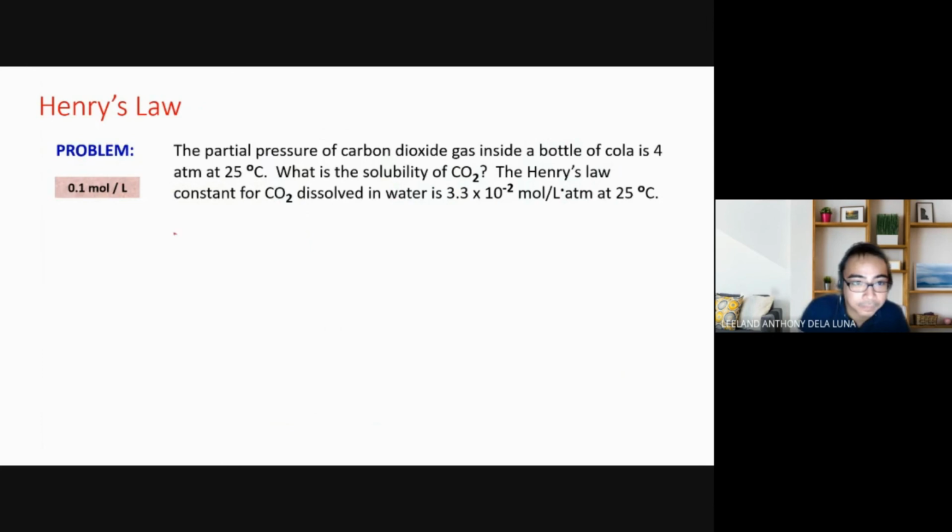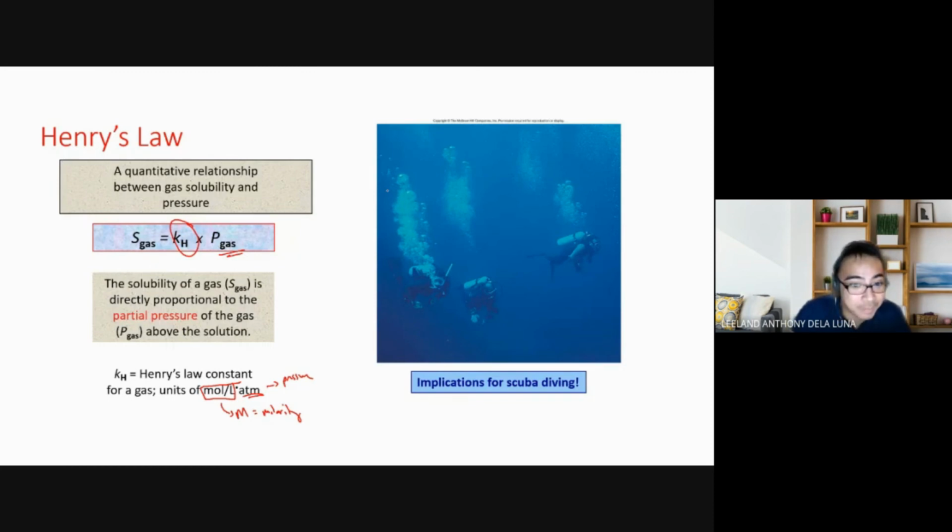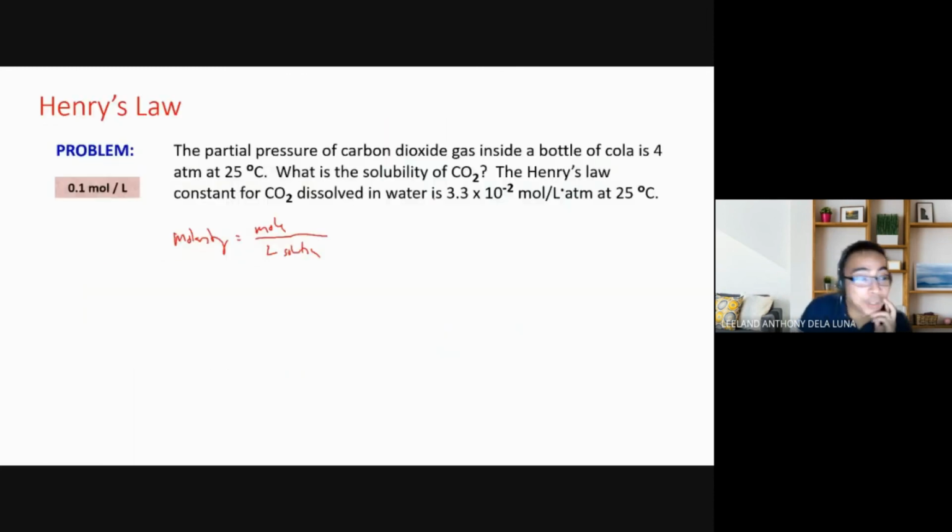What is the formula for molarity, class? Anyone? Molarity is simply moles per liter of solution. Sorry, I got distracted, someone was calling me. So what I need here is my gas constant times my partial pressure. Sorry, I no longer need to compute the molarity, because the molar constant was already given.